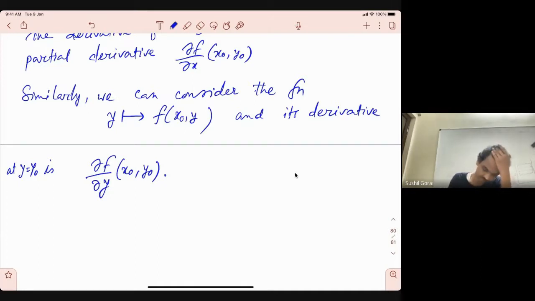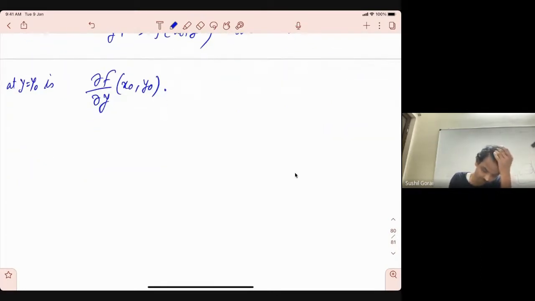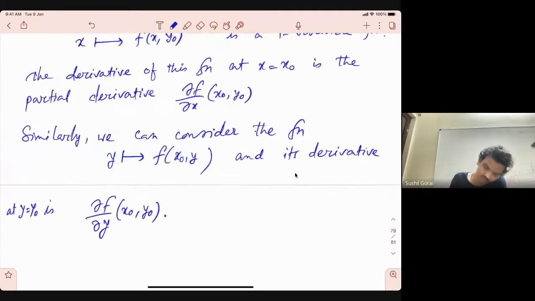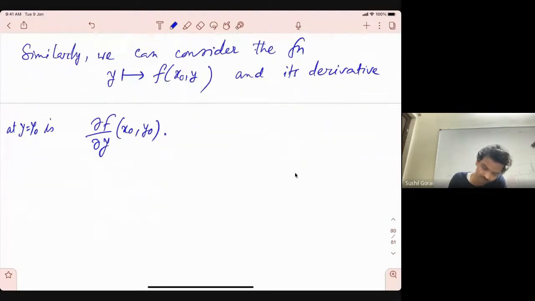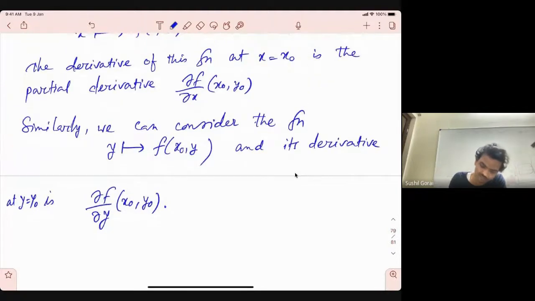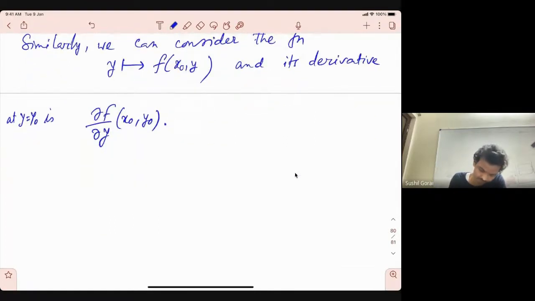Okay. Anyway, let's continue. Now, we have this partial derivative. So what is the relation between these partial derivatives and the lambda?